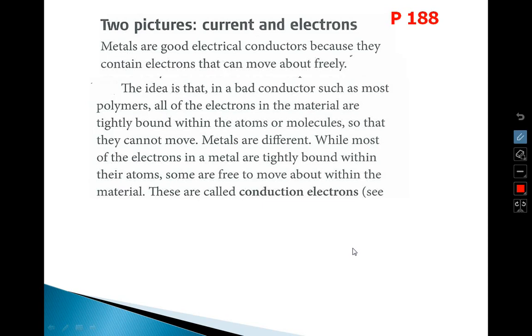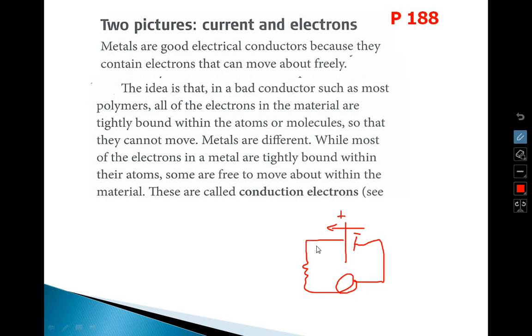As we said before, to let the current move through the circuit, we need two things. We need a complete connected circuit, and we need something to push the current to move, like a battery, power supply, or cell. Current starts moving from the positive to the negative part.